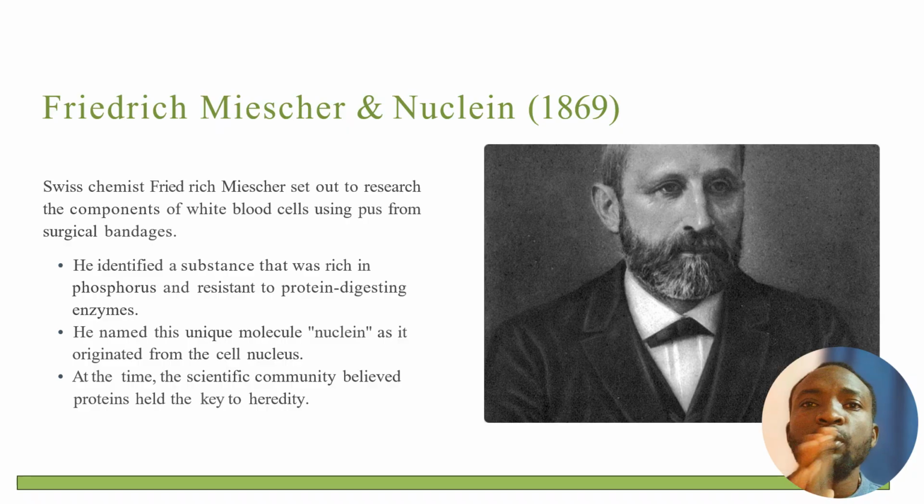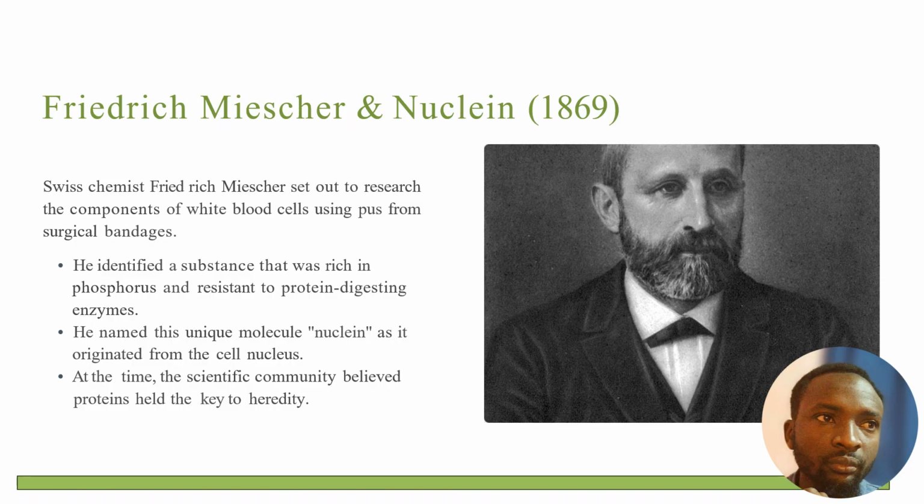So we're going to look at this scientist called Friedrich Miescher in 1869. This photo is of that scientist, and he is the one who started the research, looking at the pus from surgical bandages from patients, and then he came up with the name nuclein.